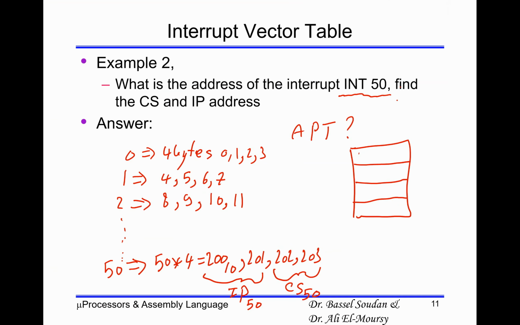So in hexa, the location C8 and C9, CA, CB are the memory or the APT locations where the microprocessor will have to go to grab the IP for interrupt 50 and the CS for interrupt 50. Agree? Make sense? Okay.